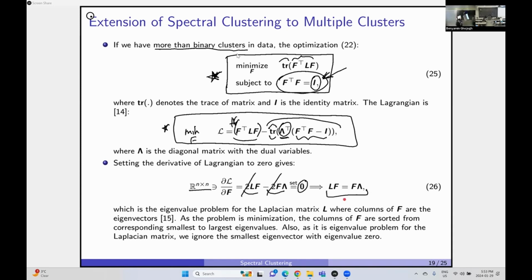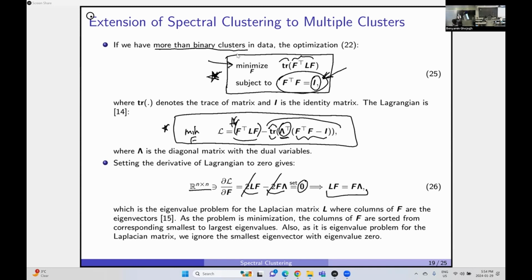And what is this? This is again an eigenvalue problem for matrix L, but this considers all of the eigenvectors and eigenvalues. F is a matrix of eigenvectors whose columns are the eigenvectors, and lambda is a diagonal matrix whose diagonal elements are the eigenvalues, right? But I need to sort them. How?